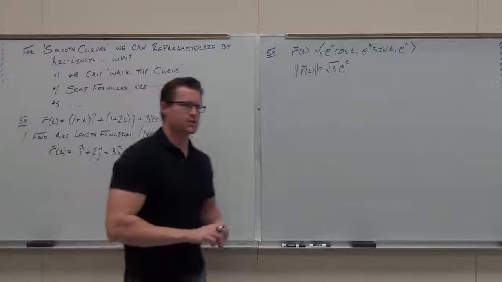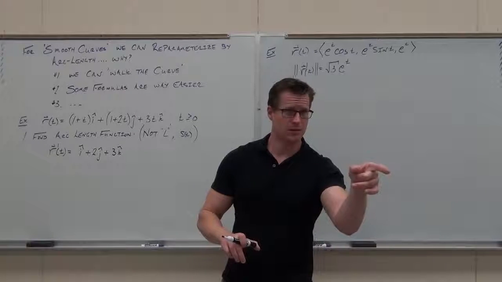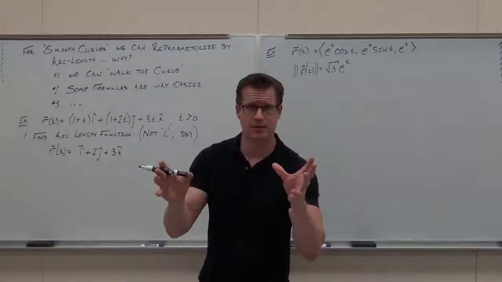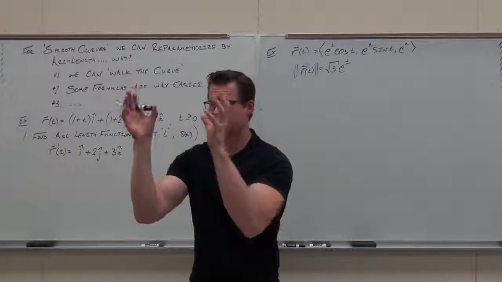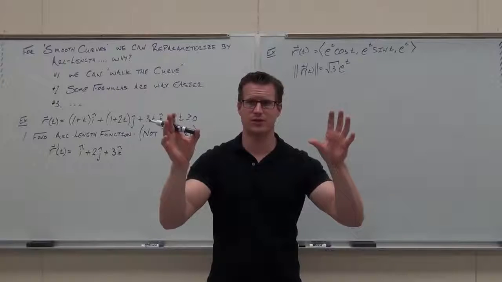I got i plus 2j plus 3k. Did we all get the same thing? Yes, no? You guys over here? Perfect. Now what's the next thing? Before we do our integral, we're going to do what? Magnitude takes the components, squares them, adds them, square roots them. It's just like finding the magnitude of any other vector that we do.